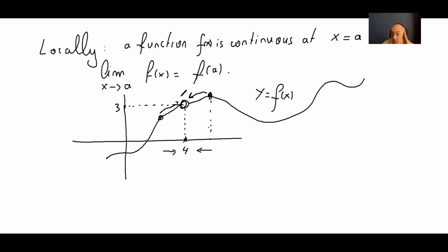So continuity is the concept where it's important that the value of your house matches what's inferred from the neighborhood houses. So if the neighborhood houses cost all about 100,000, then your house's value, if it's a continuous function, has got to be 100,000.